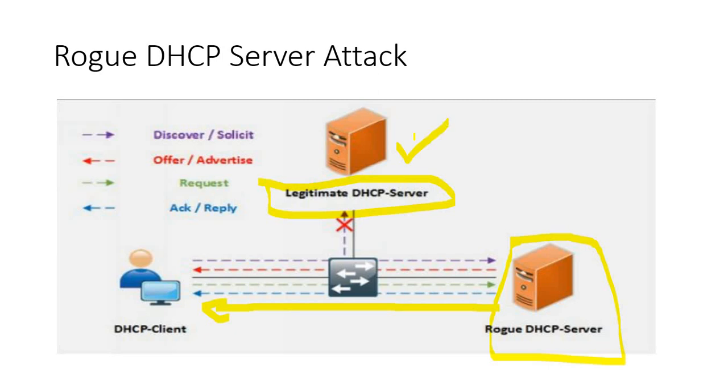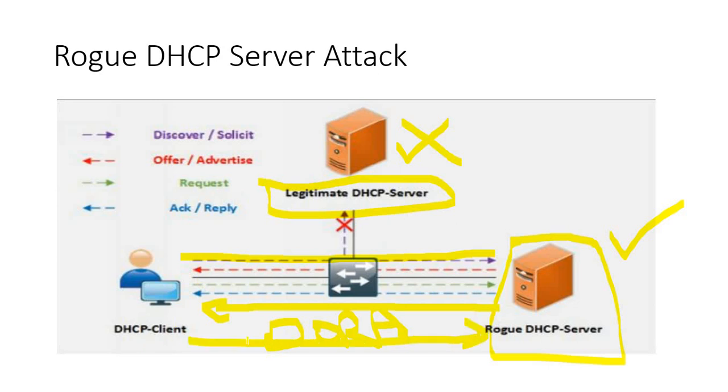This one is the legitimate server, but the attacker is showing himself as a DSCP server. So the DORA process, discover, offer, request, and acknowledgement, is going to happen from the DSCP client to this rogue DSCP server, which is the attacker's server.